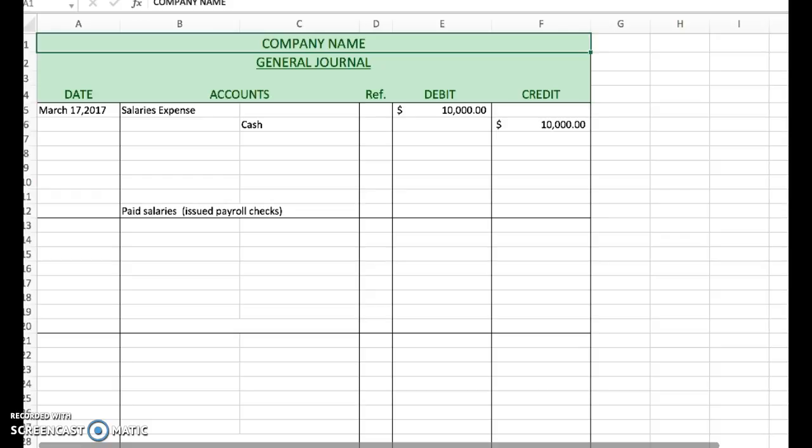However, that transaction is very simplified. At this point, we're going to take the same kind of transaction and look at it a little bit more realistically as an actual business will do. We will look at an entry dealing with salaries, a company paying salaries, and this will be the context of this particular video.